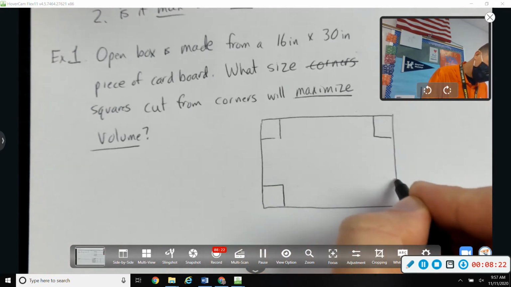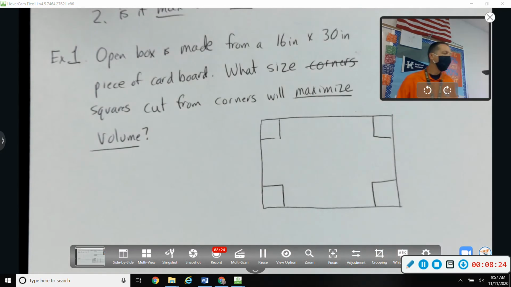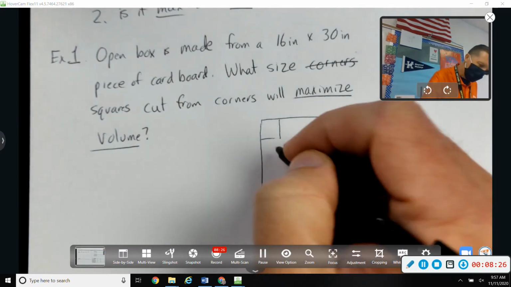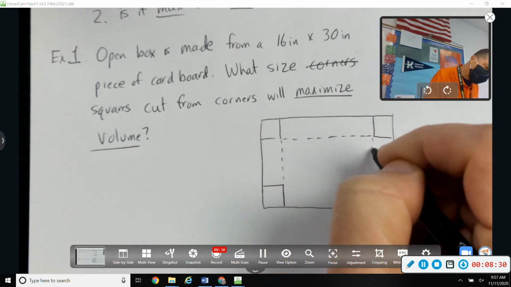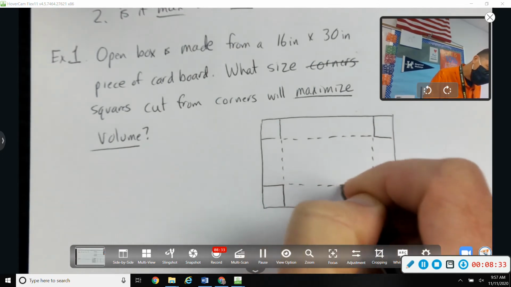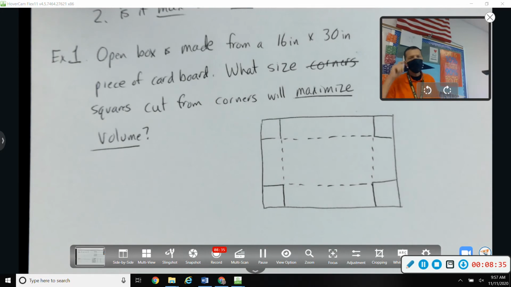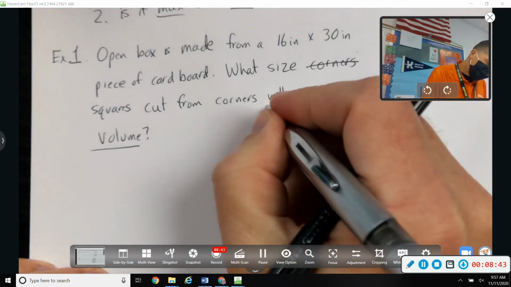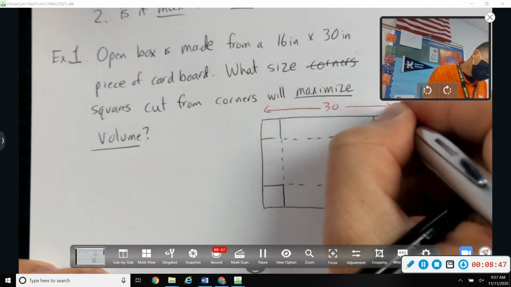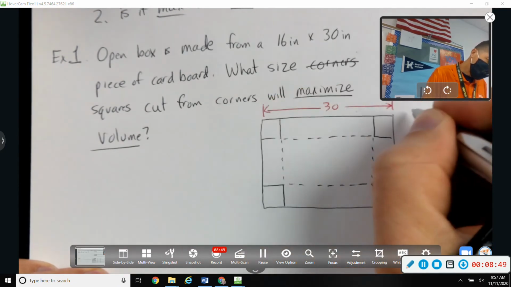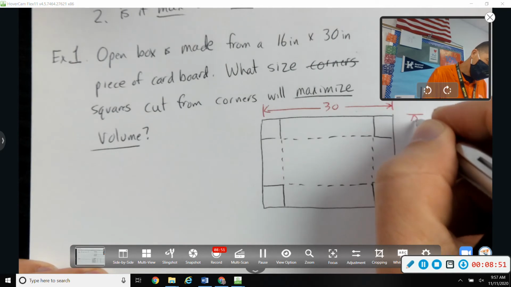Cut those corners out, and then fold up what's left to make an open box. Let's see here. The full length was 30. And the full width was 16.